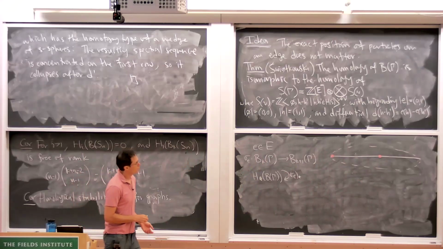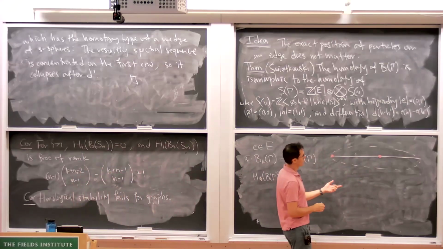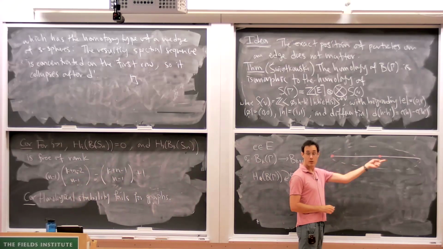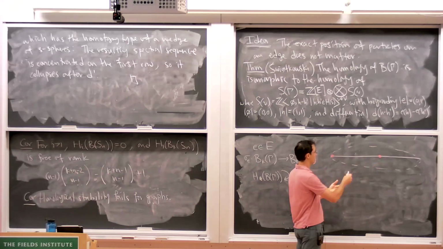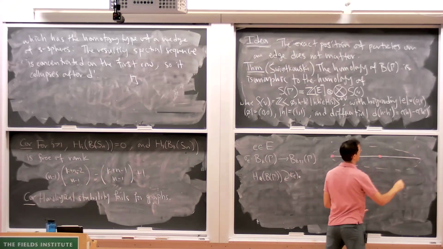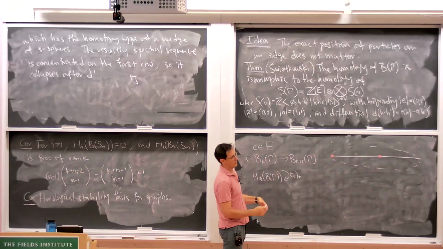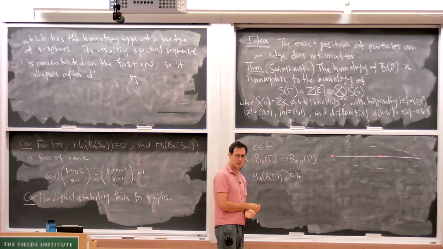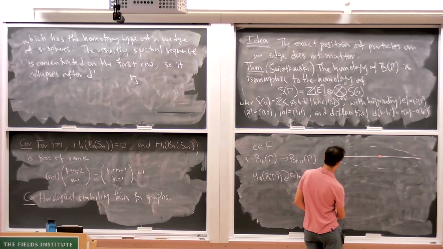And so what we are going to do is replace this subconfiguration on the edge. The edge is parameterized from 0 to 1 maybe, with the collection of averages of consecutive particles and endpoints. So what does that mean?